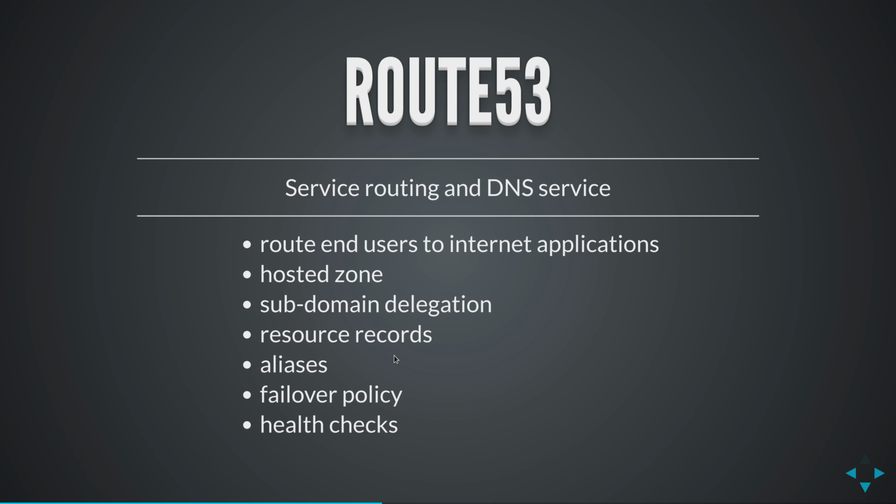We specify resource records for the primary and for the secondary, and we have to set the failover policy, and we have to define our health check that will trigger a failover once the main on-premise web server is unavailable.